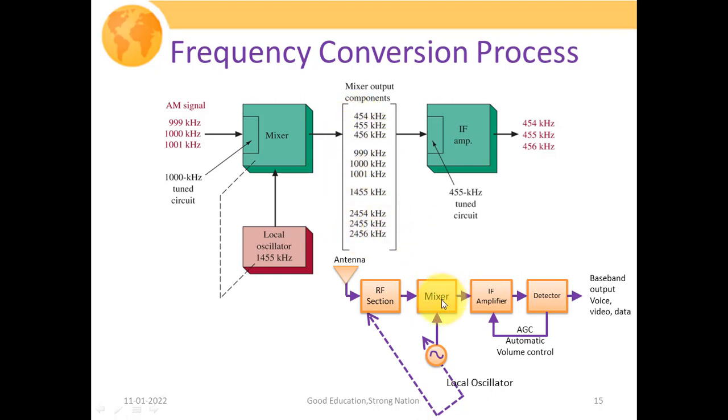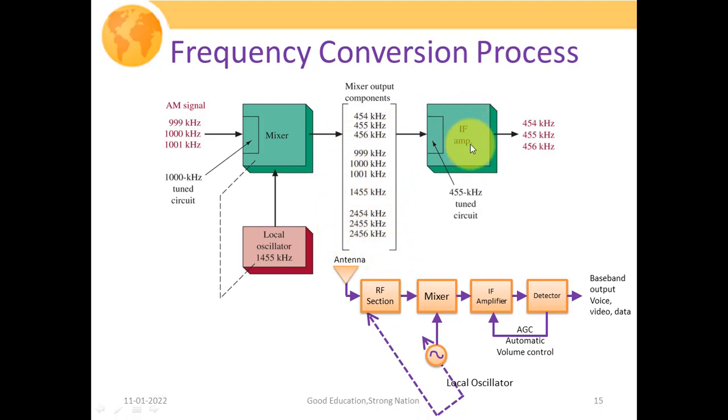Next, the mixer output will get passed through the intermediate frequency amplifier, which is tuned to the 455 kilohertz intermediate frequency only. So it will only amplify those frequency components which lie in this particular frequency band, that is 455 kilohertz, and it will reject all other frequency components.